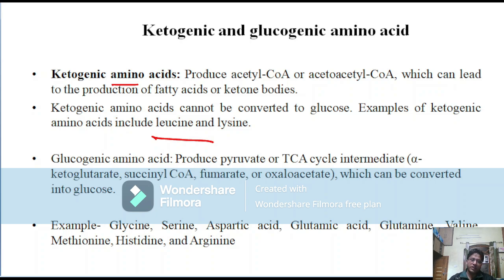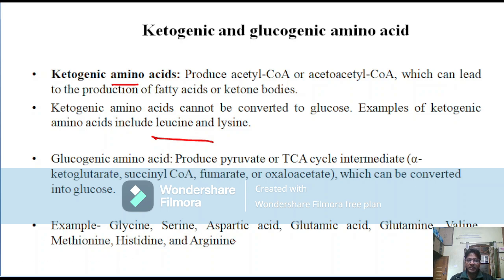Such amino acids, whose skeletons can be used for the production of pyruvate or TCA cycle intermediates and ultimately glucose, are called glucogenic amino acids. These are examples of the glucogenic amino acids.